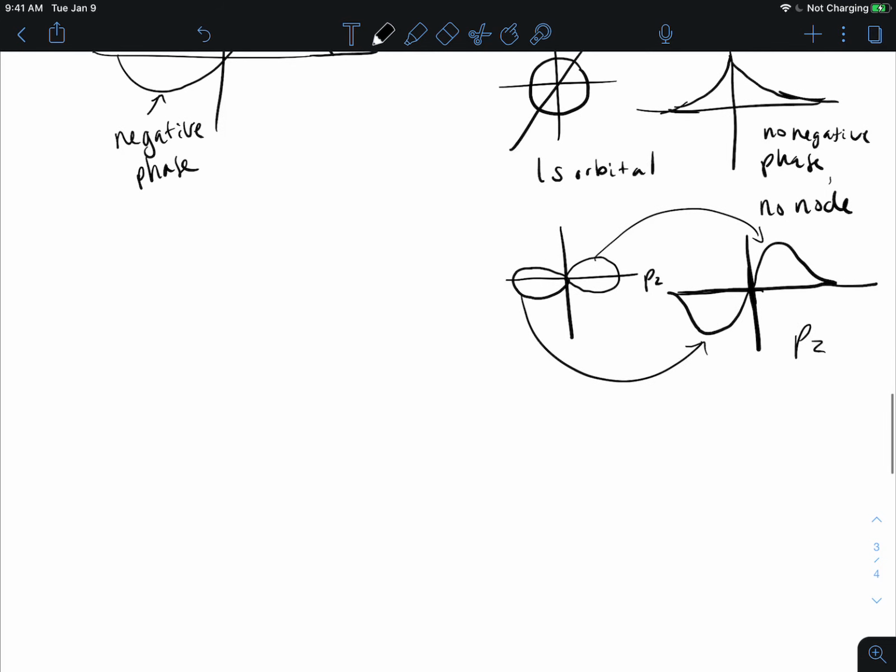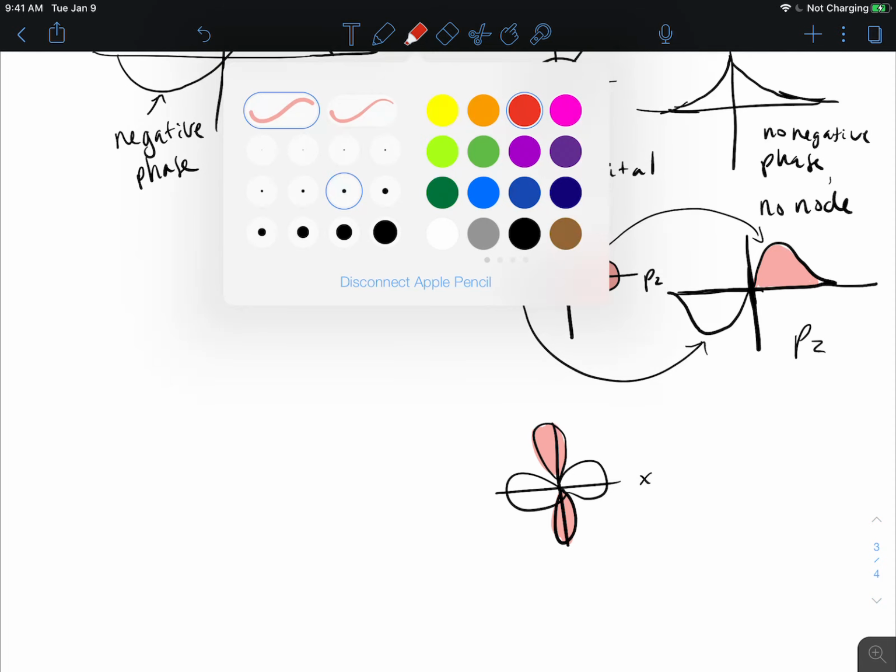And if we think about our dxy orbital, for instance, they are also going to have alternating lobes. I'm not even going to try and draw the wave function, but they're going to have alternating positive and negatives like we see here, our positive and negative phases.